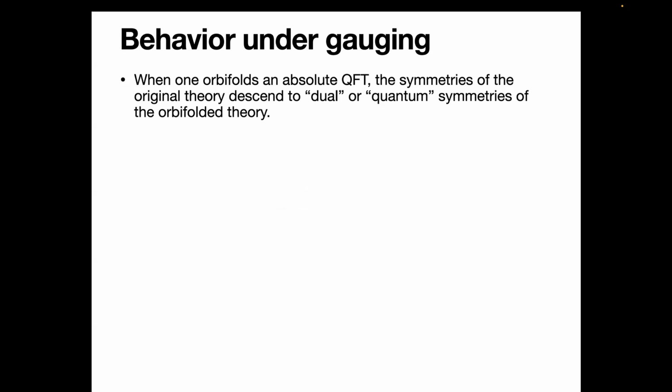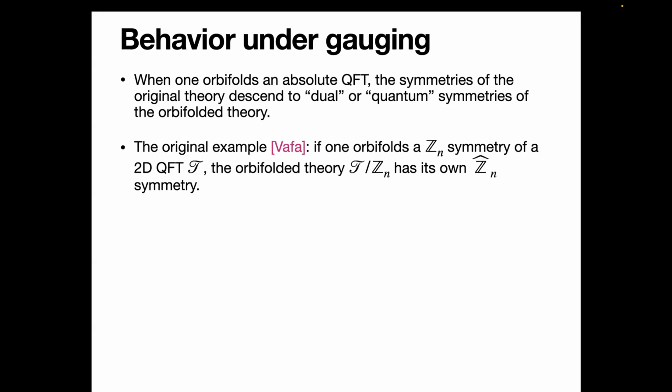So for example, in an absolute QFT, when you gauge a symmetry, the gauge theory itself has a dual symmetry that you can gauge to go back. The first example of this was in a paper of Boffa where he showed that if you have a 2D CFT with a Zn symmetry and you gauge it, then the orbifolded theory itself has a Zn symmetry that you can gauge to go back.